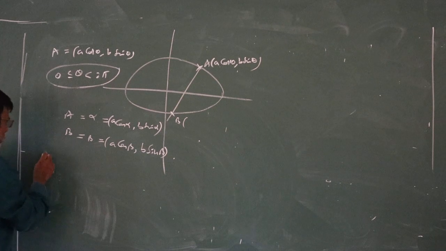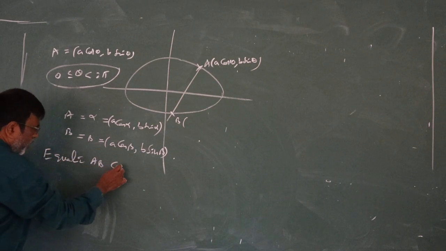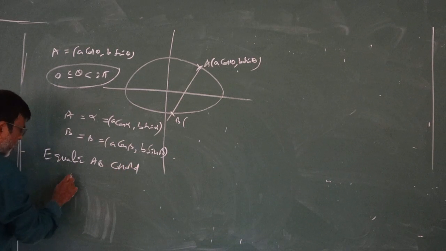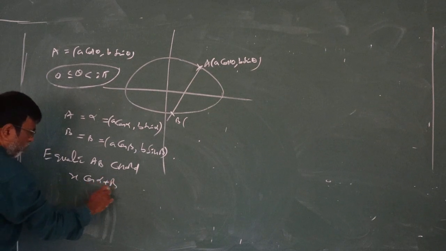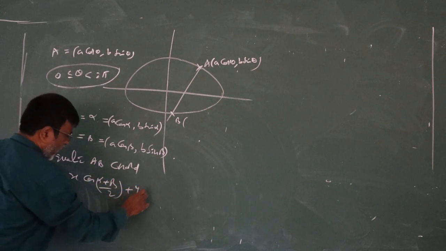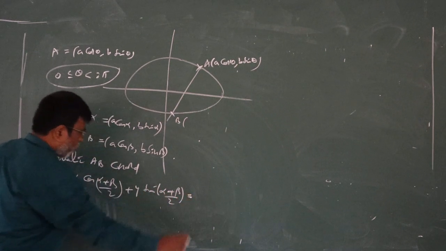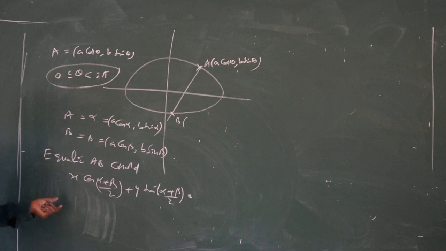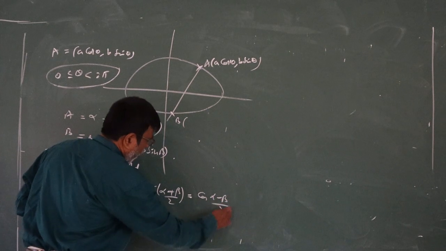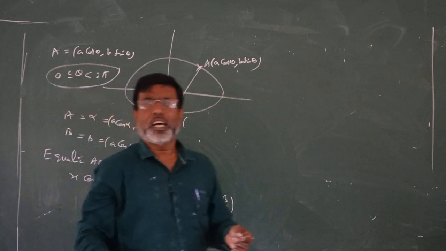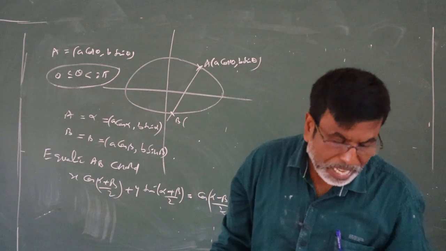Then the equation of the chord AB is x cos of alpha plus beta by 2 plus y sin of alpha plus beta by 2 equals cos of alpha minus beta by 2. This is the equation of chord in eccentric angles.